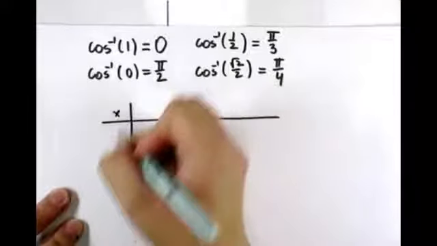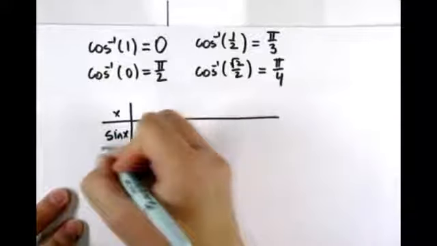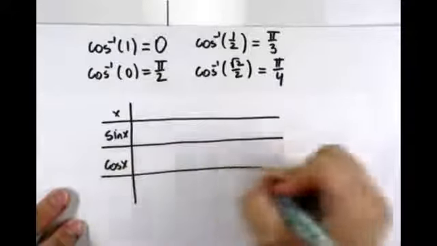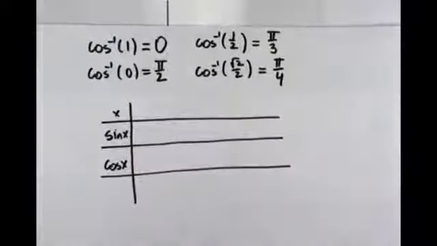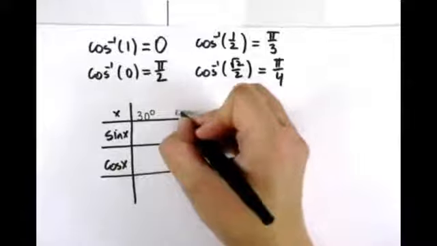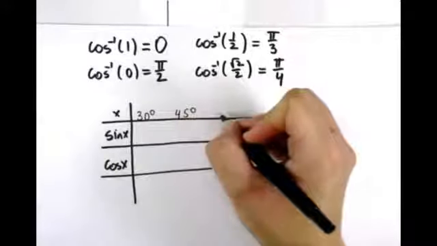Here's my x, here's my sine x, and here was my cos x. So we had 30 degrees, then 45 degrees, and then 60 degrees.